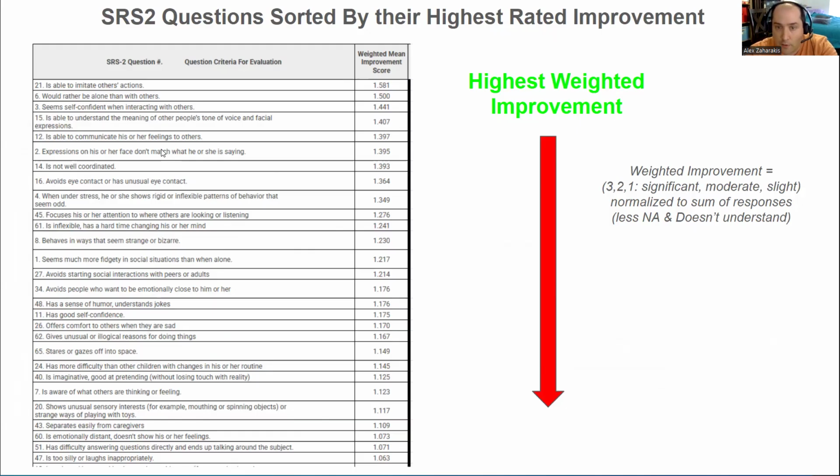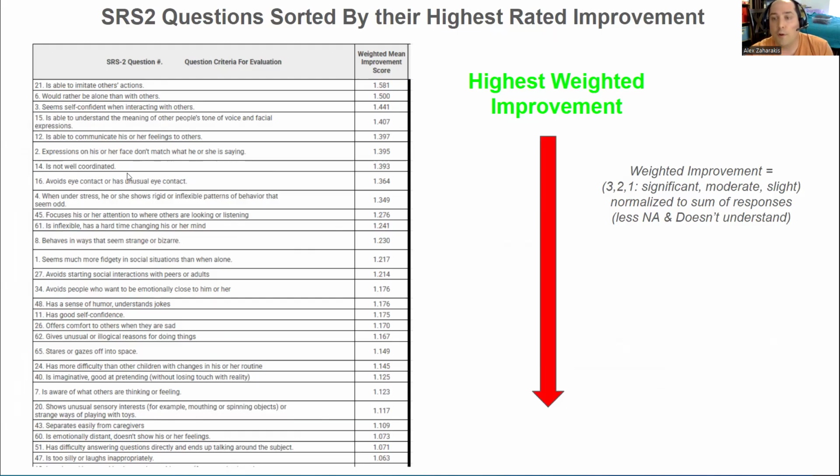So you can go down the list over here and see which of the things appear to have benefited. The fifth one down is able to communicate his or her feelings to others. Expressions on his or her face don't match what he or she is saying. We're seeing improvement in that.